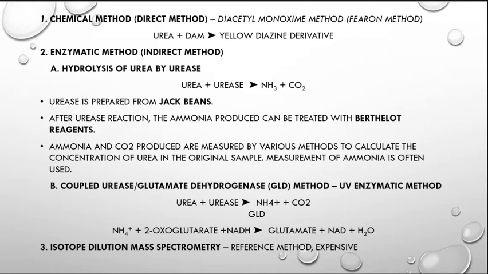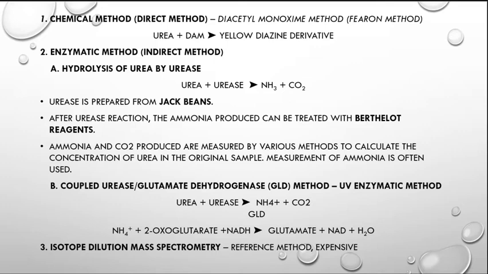Next up, we have your coupled urease, or your GLDH method. So, this is a UV enzymatic method. Okay, we have your isotope dilution mass spectrometry. Okay, so it is the reference method, but take note, dili kay reference method na siya, mao siya routinely used.